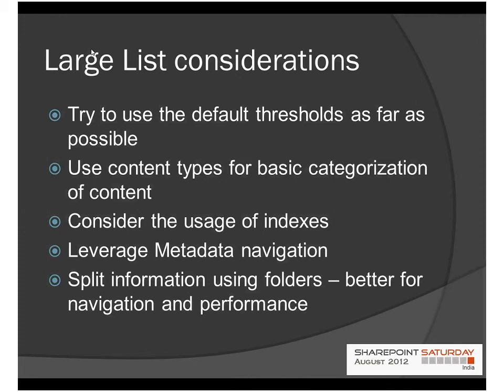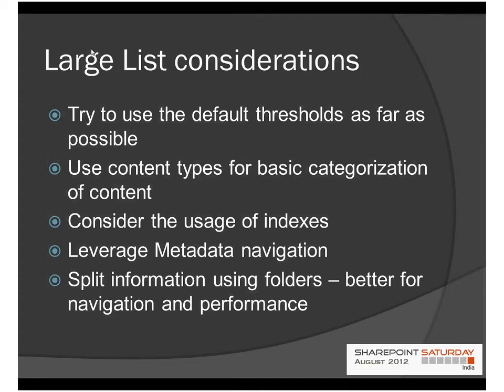One, it's a good filter in queries, so that you can write your queries against a particular content type. That's one very good filter for your queries into a SharePoint list. And from a data entry perspective, people only see the required fields when they try to add or edit an item, and you don't see fields which you don't require.